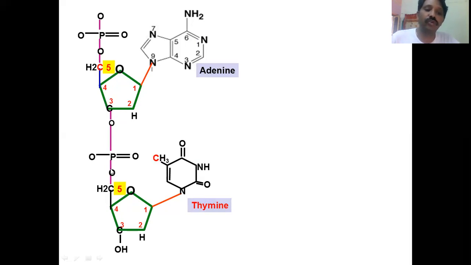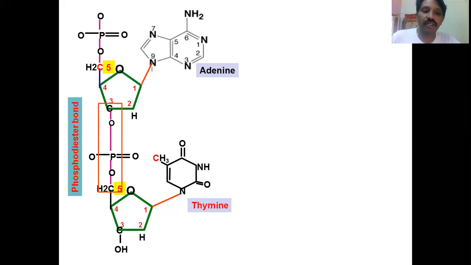There are two C-O-P bonds, hence it is called a phosphodiester bond. So polynucleotides are connected by phosphodiester bonds, right? For DNase to break down the polynucleotides into nucleotides, it has to break down the phosphodiester bond, right?